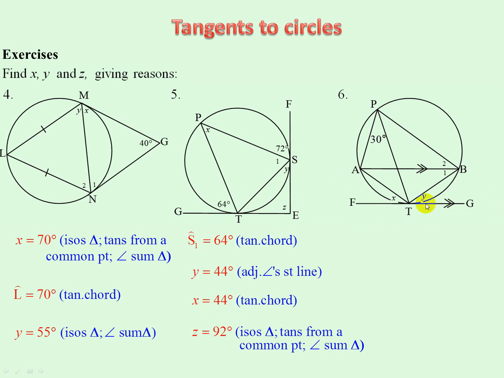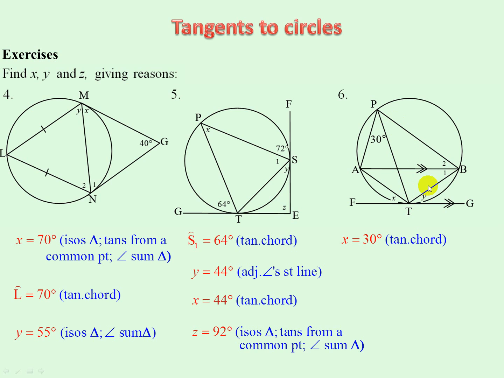Number 6. What is x equal to? Well, there's the chord making the angle with the tangent, so there's the angle subtended by the chord in the alternate segment. Well, we have it already. X is 30 degrees, tan chord. What's y equal to? Well, y is equal to that one there by tan chord.